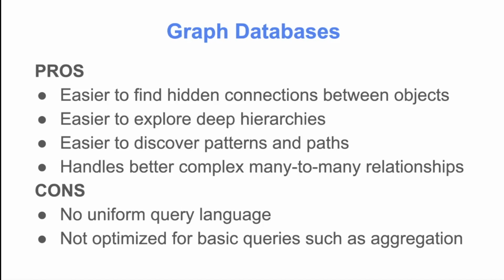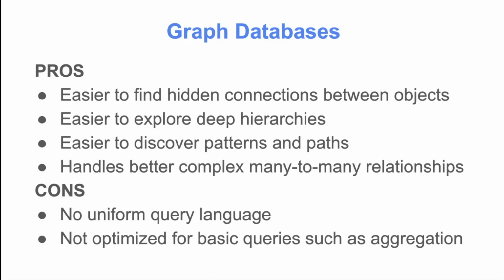Patterns and paths between two nodes are easy to find. It's again just graph traversal, and it handles complex many-to-many relationships better.